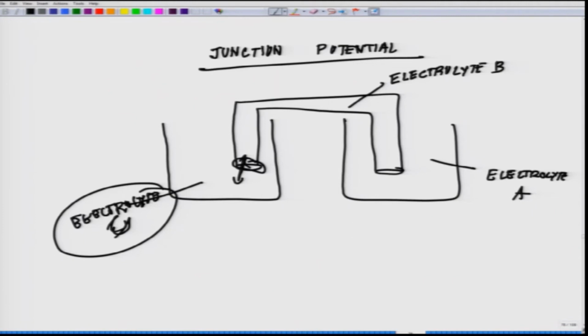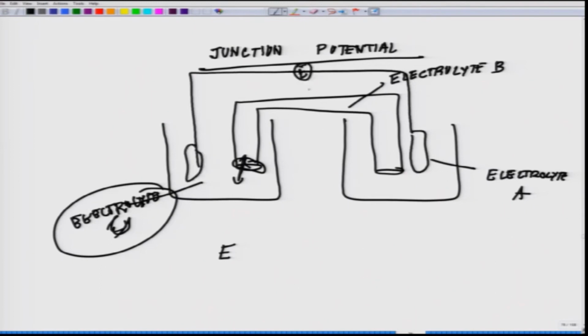Okay. So, E observed is equal to E cell plus E junction.